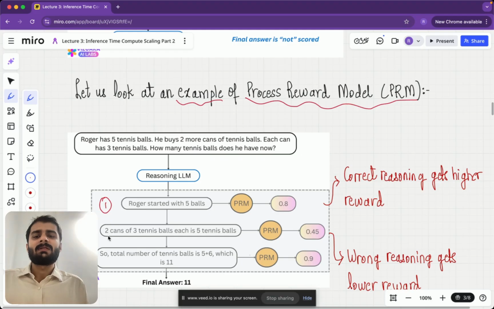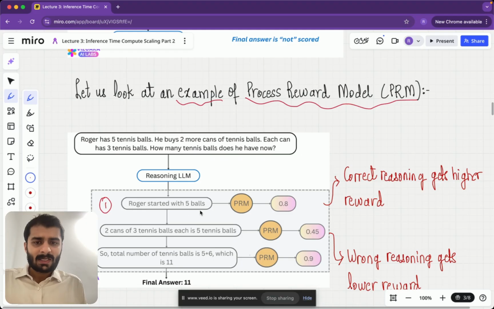Step one is the reasoning LLM says Roger started with five balls. Step two is two cans of three tennis balls each is five tennis balls. And step three is so the total number of tennis balls is 5 plus 6, which is 11. Now, read these and just try to understand which one is correct and which one is not correct.